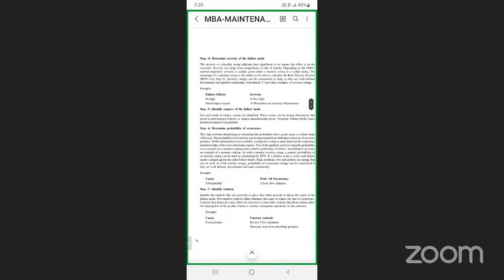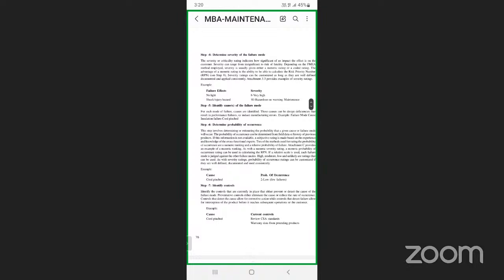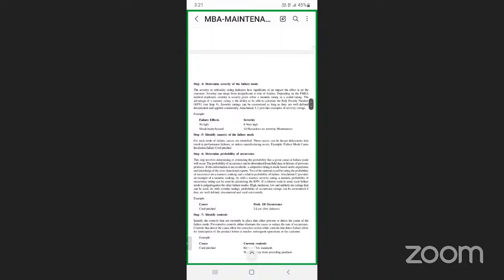Okay, are all the steps clear so far? We have divided the asset into components. We have found out what its functions are, and how many different ways it can fail. If it fails, what are the effects on people, product, and the property?